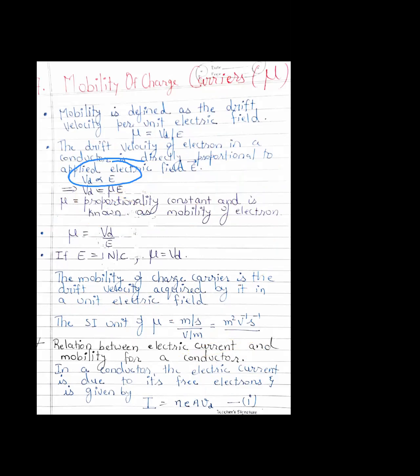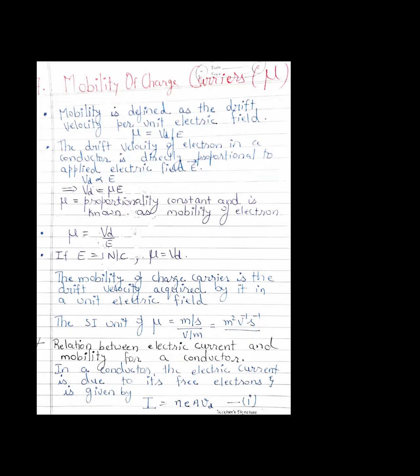If we remove the proportional sign, a constant will appear, and that constant is mu. So mu is the proportionality constant, and it is named the mobility of electron. If we make mu the subject of the formula, E will go down, that is, mu equals Vd by E.